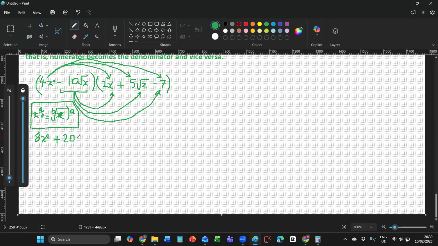Okay, so that's going to be 20 because of 4 times 5, so x, because 3 over 2 is going to look something like this. Then the same 4x times 7 is going to be minus 28x.